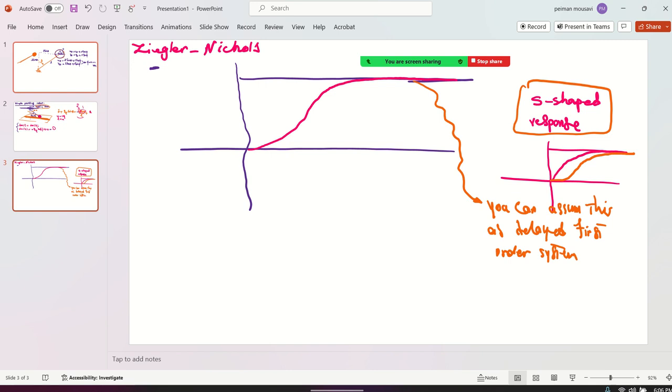Now, at this inflection point, if you have such a system, this is considerable. If you plot a tangent line at the inflection point, it's going to cross these two. This area for the delay part, we're going to call L.